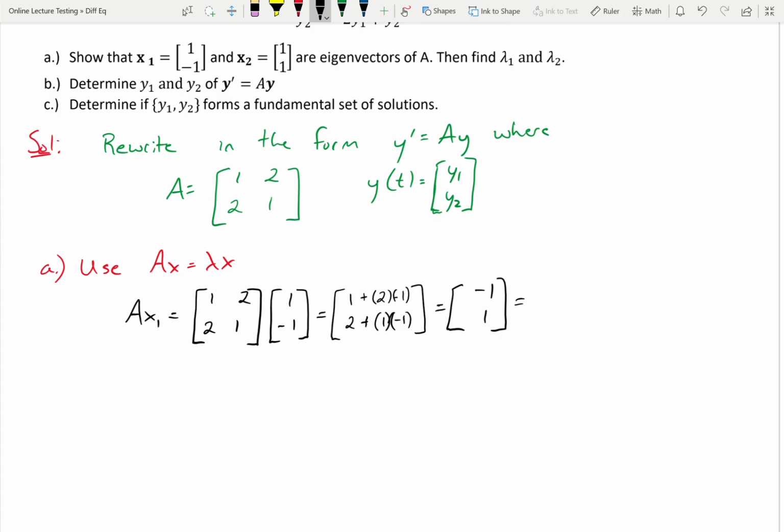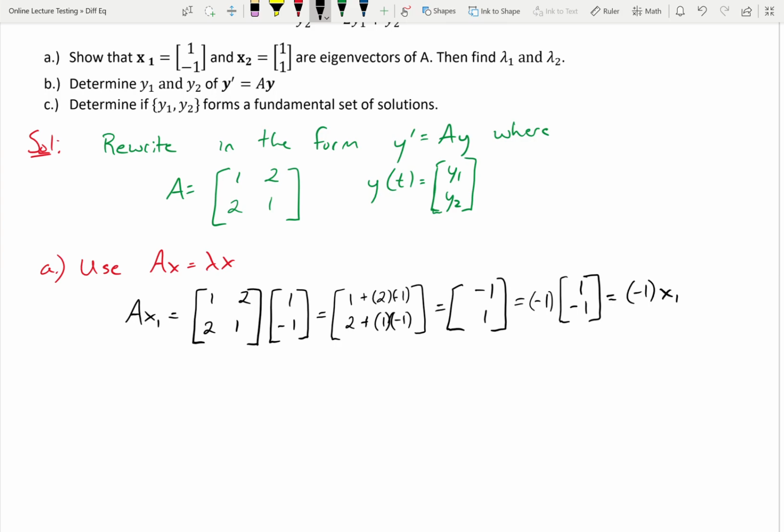So what did we multiply x by in order to get negative 1, 1 from 1, negative 1? Well, if I factor out a negative 1, so I'm factoring out a constant, I'm left with positive 1, negative 1. So this is equal to negative 1, x1.